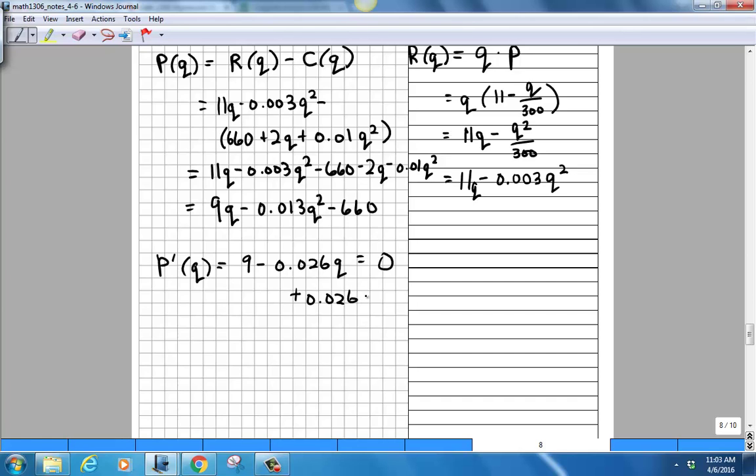I hope we wrote down enough decimal places to solve that equation correctly, but in any event, we have 9 equals 0.026 q. So the quantity that maximizes the profit would be 9 divided by 0.026.